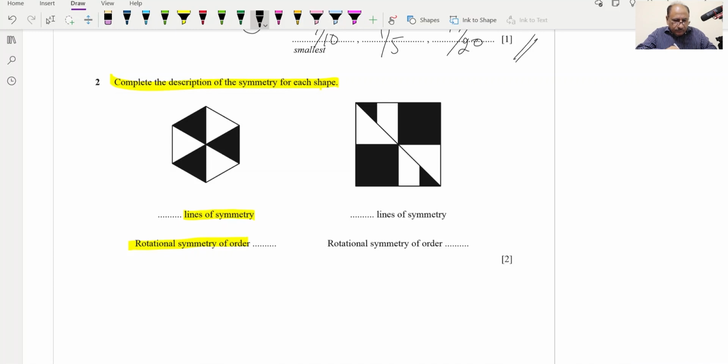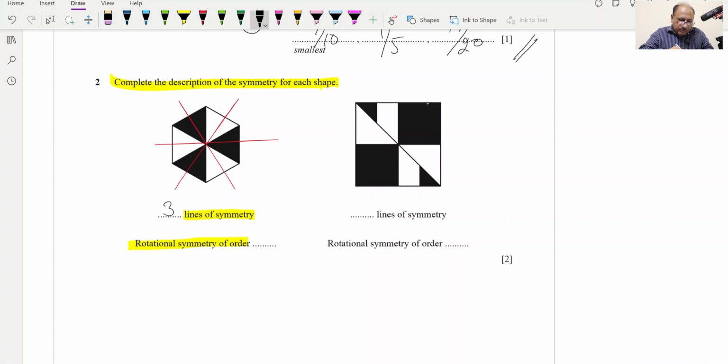For example, one line of symmetry, this one, and second line of symmetry roughly over here, and third line of symmetry we can draw like this one. And these are 3 lines of symmetry.